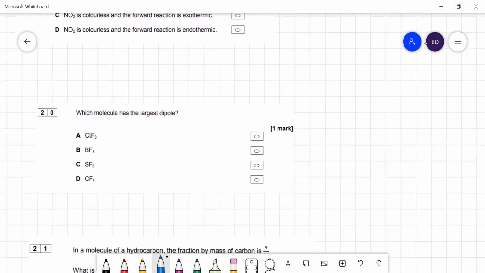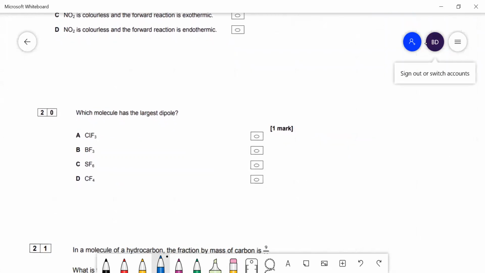Question 20. Which molecule has the largest dipole? This is quite misleading because you might think, how do you work out which is the largest dipole? Well, there's only one that's got any dipole at all. Now CF4, that is symmetrical. Carbon forms 4 bonding pairs, so it's tetrahedral.